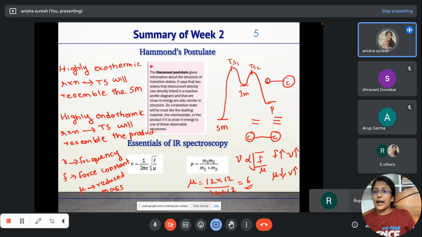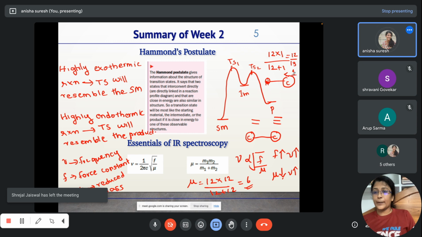For carbon-hydrogen, it is 12 into 1 divided by 12 plus 1, which is 12 by 13, that is less than 1. So mu is lower, and the frequency will be higher for the carbon-hydrogen single bond compared to the carbon-carbon single bond. Is this clear?